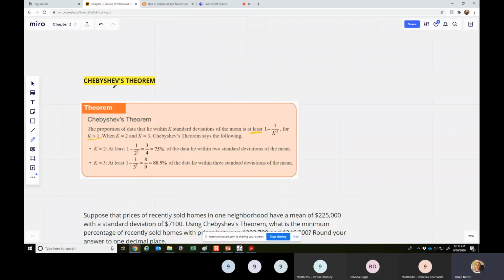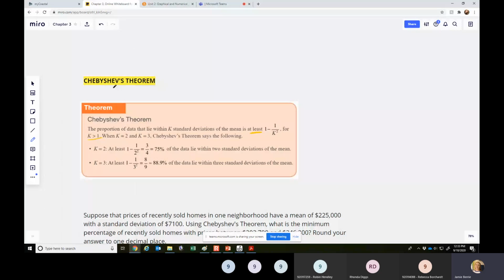So when k equals 2 and k equals 3, Chebyshev's theorem says the following. If you're looking at the proportion of data within 2 standard deviations of the mean, at least 75% lie within 2 standard deviations of the mean. If k equals 3, at least 88.9% of the data lie within 3 standard deviations of the mean. So you can see this is a little more conservative than the empirical rule, which for 2 standard deviations was 95% and for 3 was 99.7%.